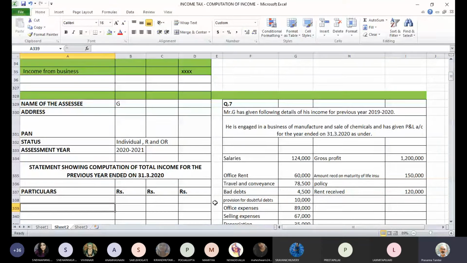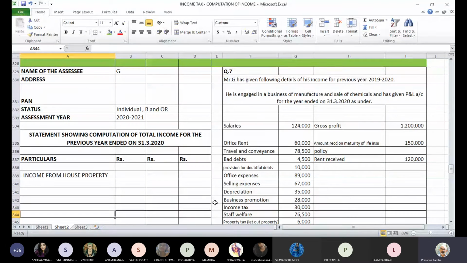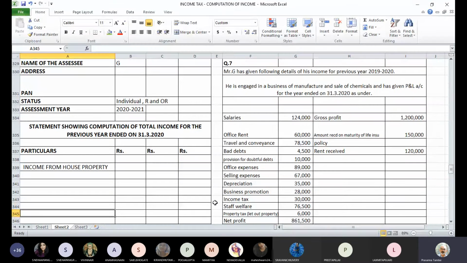Now your first heading will be income from house property. We have just identified that there is a head of income from house property. Leave three to four lines. I guess four lines should be good enough, and then we will give the heading income from business.